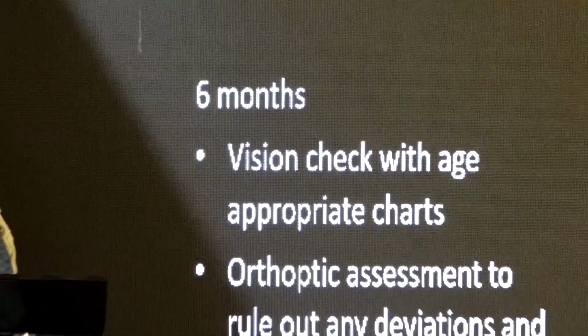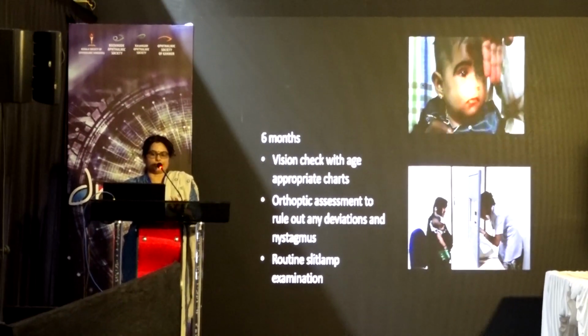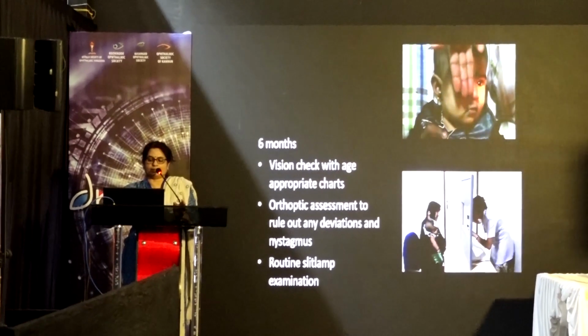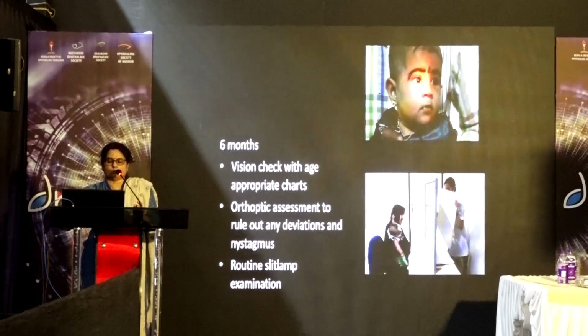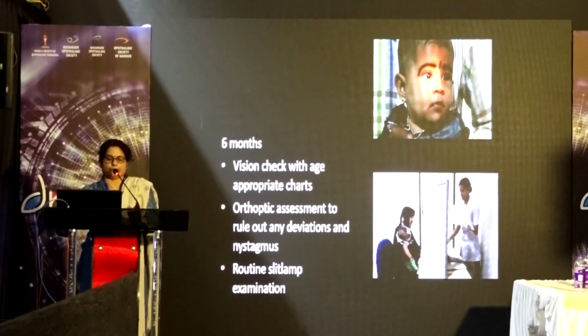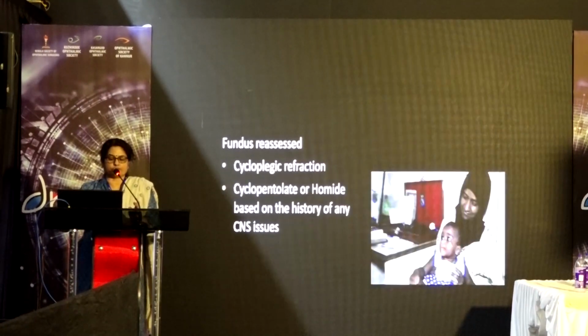Next, we call them 6 months later. By that time the child would have grown up a little bit, and now we do the vision check. At least you do fixing and following of each eye, which itself can be helpful, and see if both eyes are fixing properly, and if possible you can use age-appropriate charts for vision assessment.